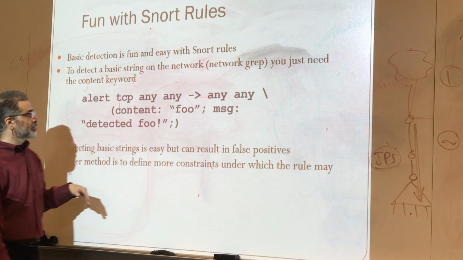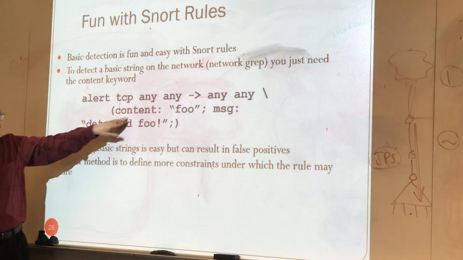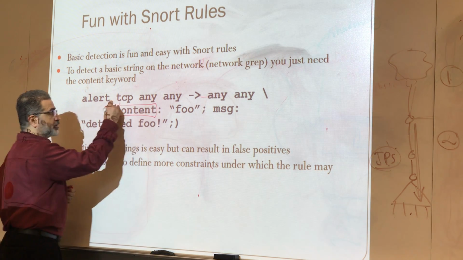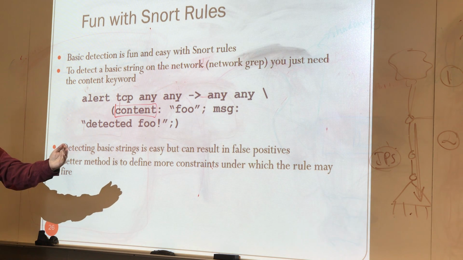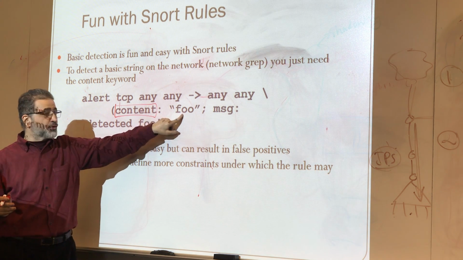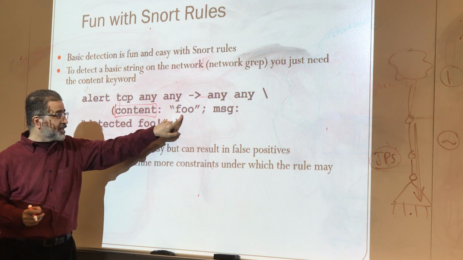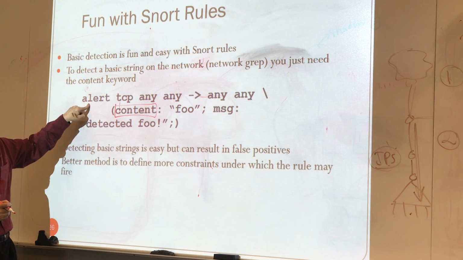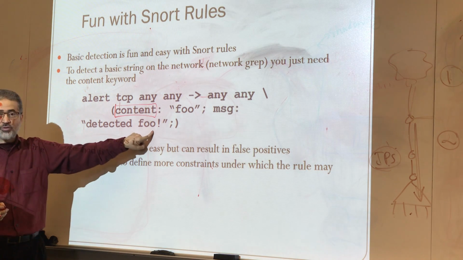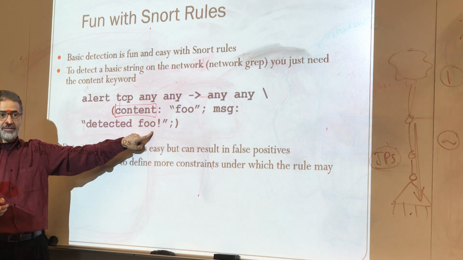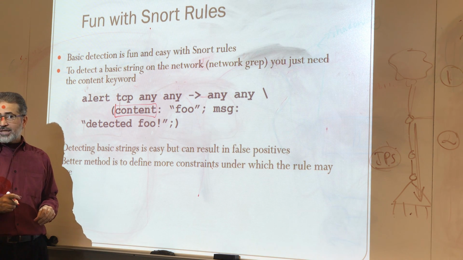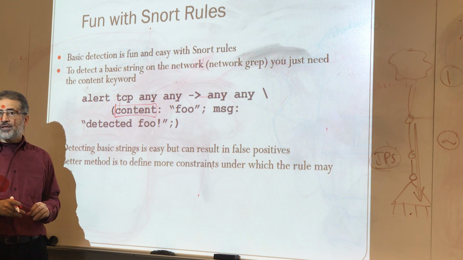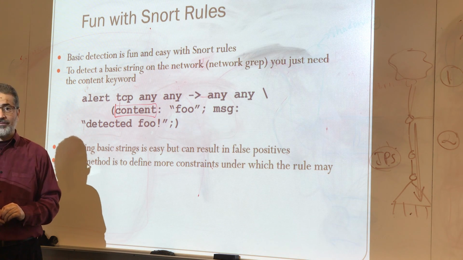Content is a keyword, and content means payload. If anywhere in the payload there is the word foo, then send me an alert that says foo detected. Very powerful. So if you are worried about people exfiltrating data that might be sensitive, you can define what's sensitive.